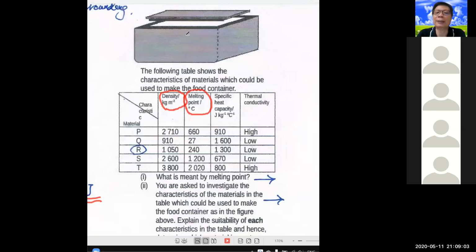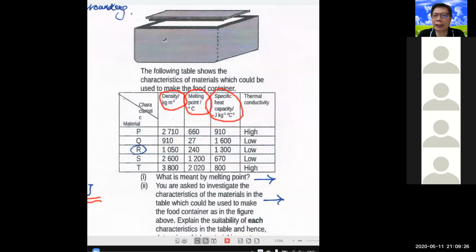The melting point must be high, not easy to melt. Then the next one, specific capacity. What about specific capacity? How to see? Now you see, specific capacity: usually a container that keeps the food warm means it won't heat up easily.